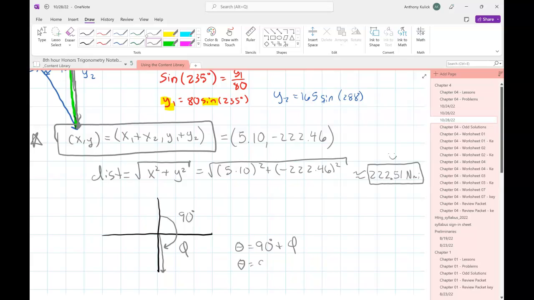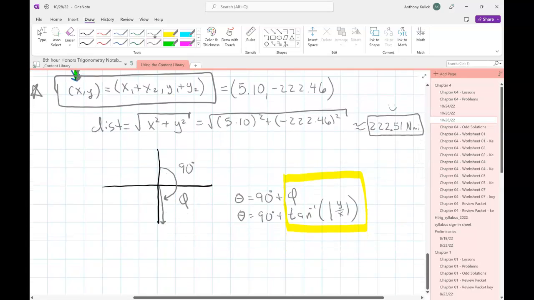How am I going to calculate phi? Well, I know x and y, so I'm going to do tan inverse of the absolute value of y over x. Am I going to do that every time to find my phi? Yeah, man, every time.